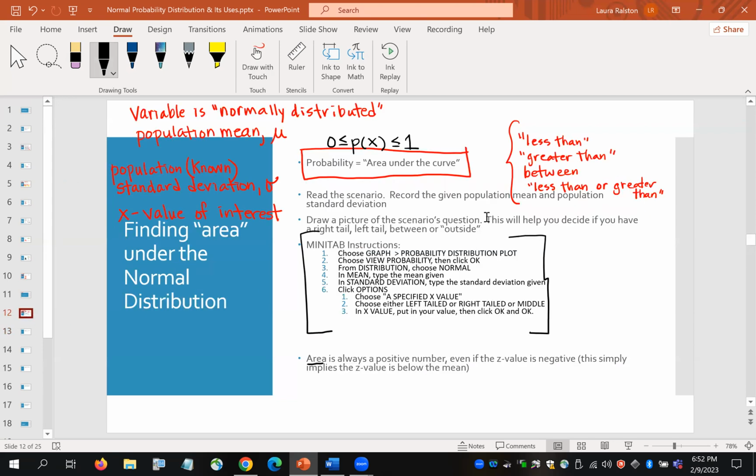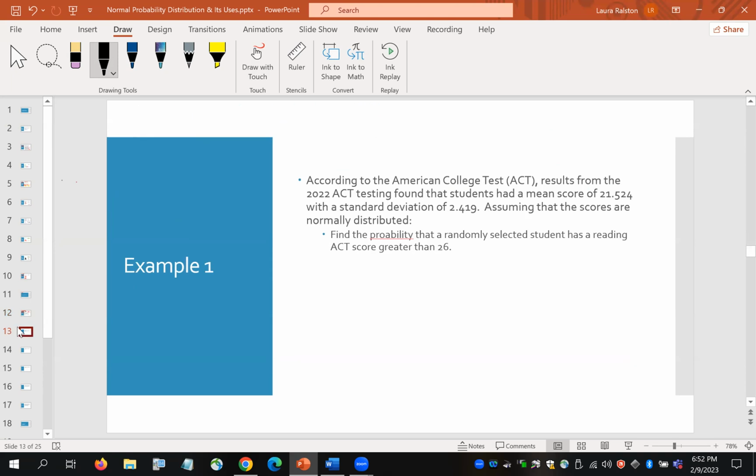There are, again, this idea of these 4 scenarios here: less than, greater than, between, and so forth. So we're going to walk through each one of those scenarios. And I notice I've got a misspelled word here. Let me fix it.